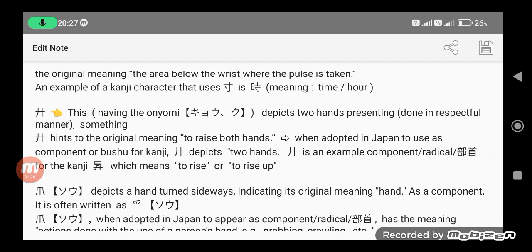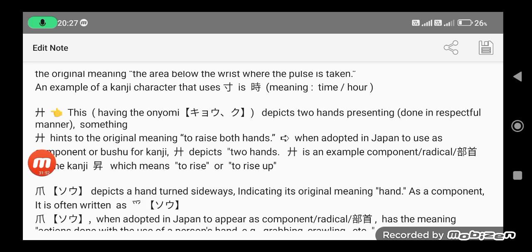So another form of a hand is this, kyo or ku. Believe it or not, this kind of radical or component is a hand. It depicts two hands, presenting something or done in a respectful manner. It presents something, say, on an altar.